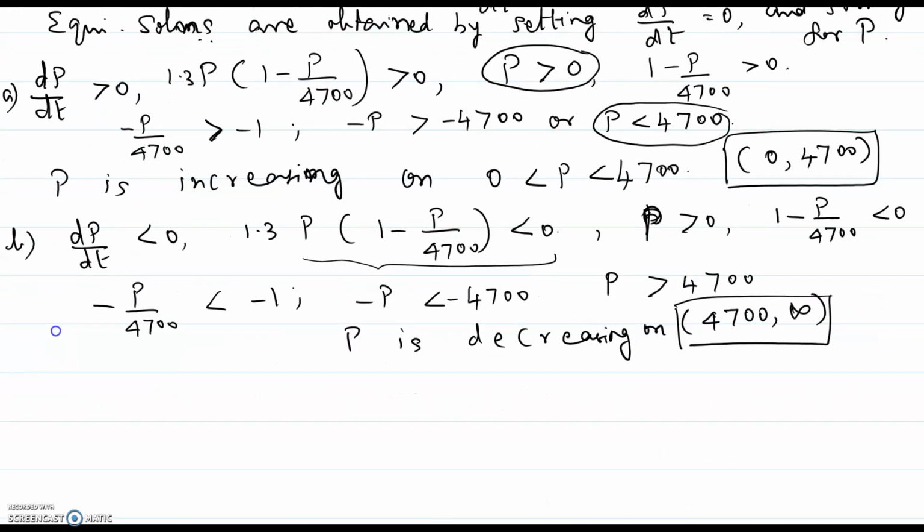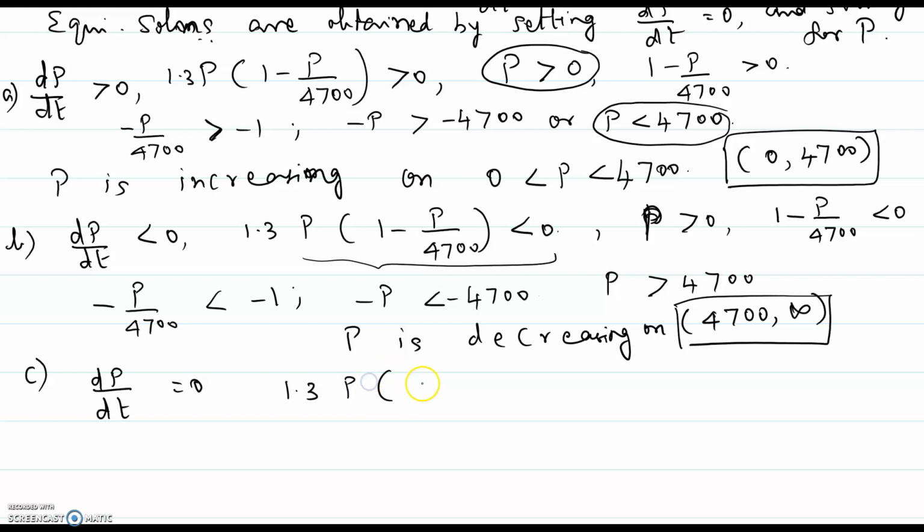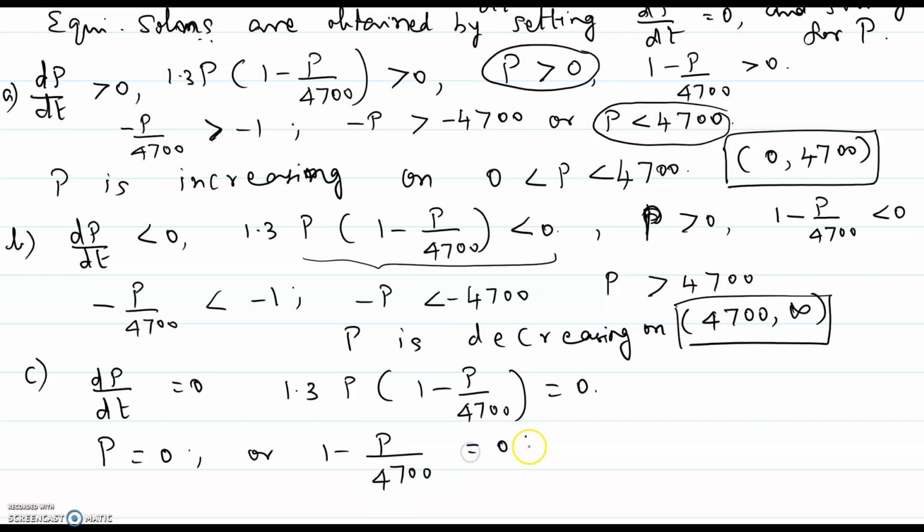The third part is the equilibrium solutions. So we will set dP/dt to 0. That means 1.3 times P times (1 - P/4700) equals 0. This will mean either P equals 0 or 1 - P/4700 equals 0, or P over 4700 equals 1, or P equals 4700.